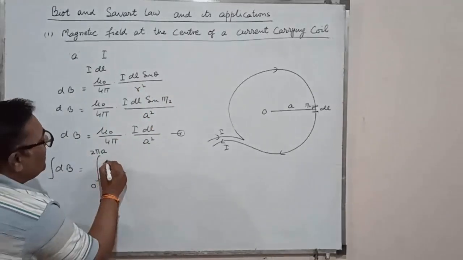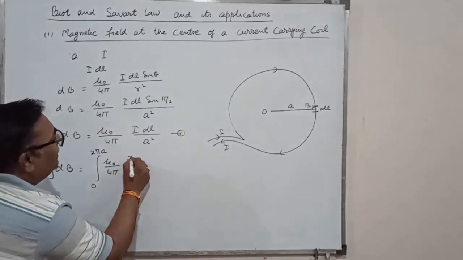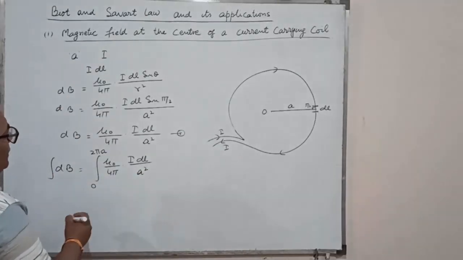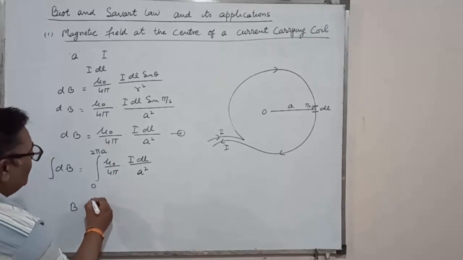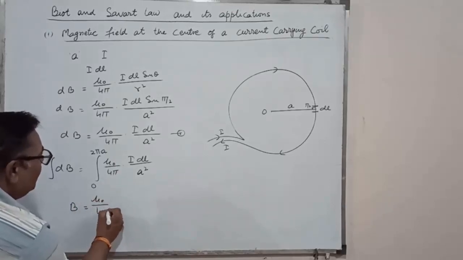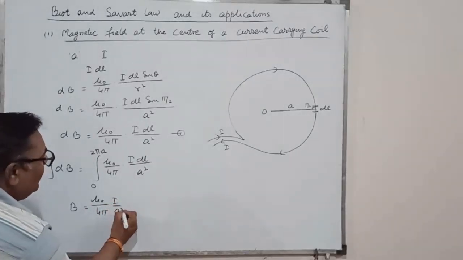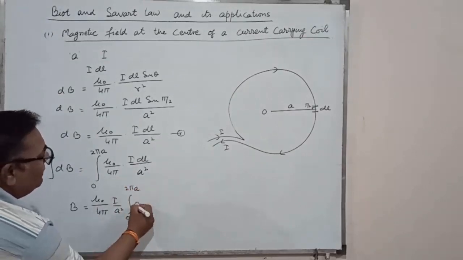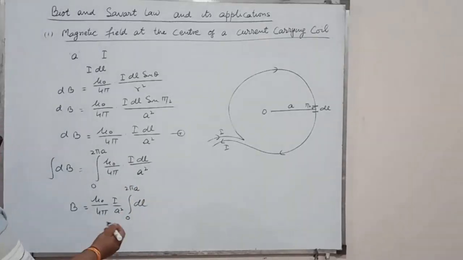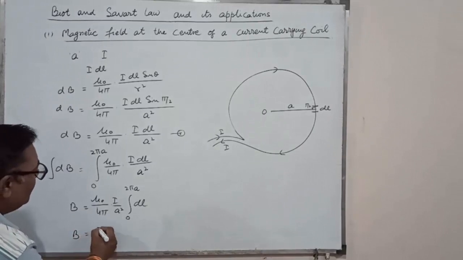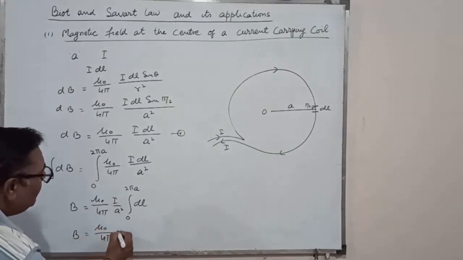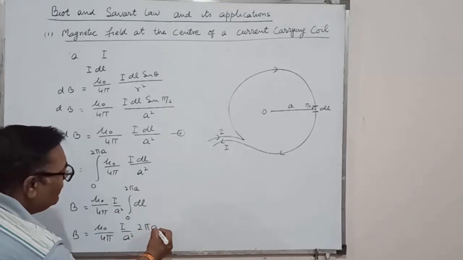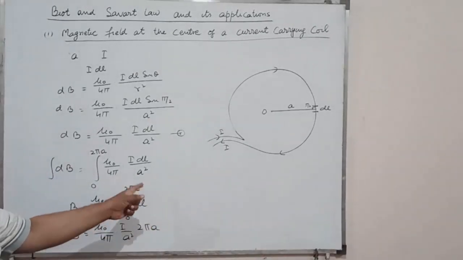B is equal to mu 0 upon 4 pi, I upon a square, integration of dl from 0 to 2 pi a.